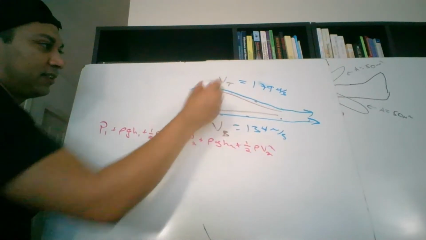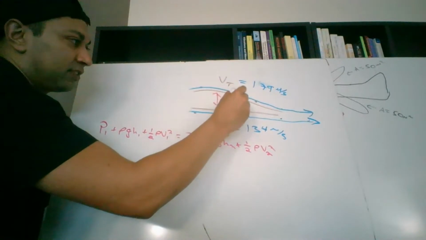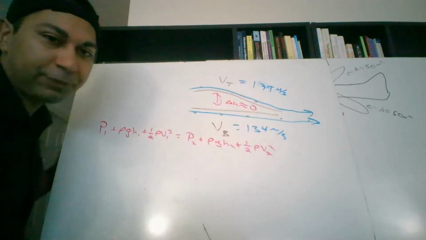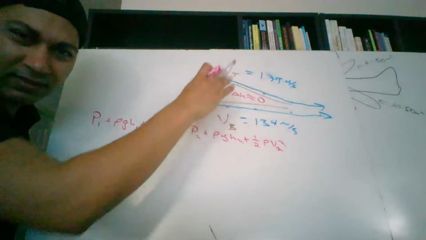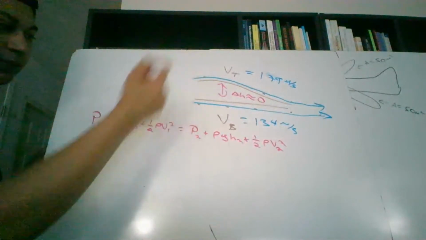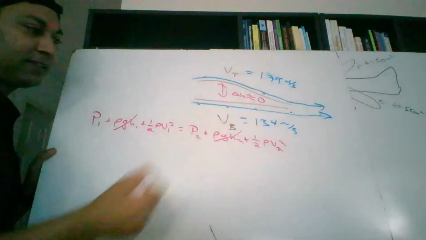And this is the height, and delta h, let's make this easy on ourselves, is going to be roughly 0. The height from the top part of the wing to the bottom part, there's not much difference in height. So it's going to be negligible. If delta h is 0, roughly, then that term goes away.